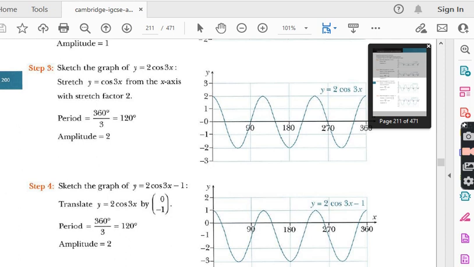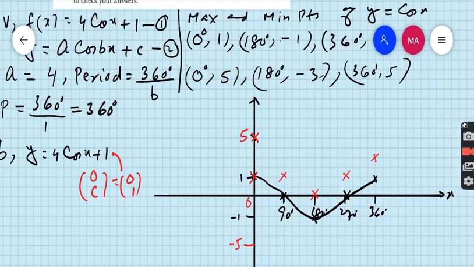So it starts, y is equal to 2 cos 3x, 2, minus 2, then move to 1, 2, minus 3. Same. 0 to 1 and 1 to 5. So these are our points. At 360 degree, this should be the graph.